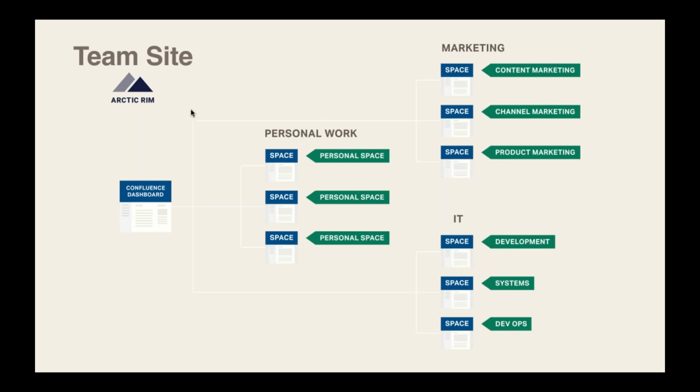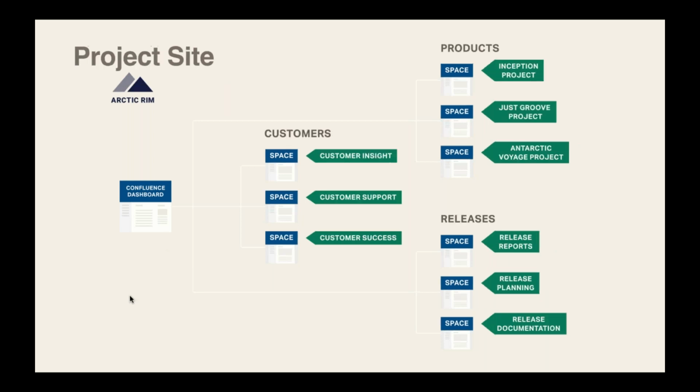But Arctic Rim also were doing a lot of project collaboration that often connected to what was going on in the team site. So therefore, they decided to create a secondary site, which was this project site. And here you can see how the spaces grouped together. So here we have the different projects grouped into a product category.